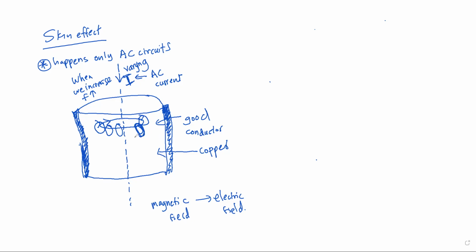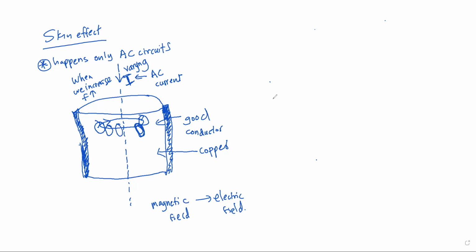Because of that, the amount of electric current that can be passed through this conductor decreases. The electric current can only be transmitted along the edges of the conductor, because the center current has been cancelled out by the eddy current.